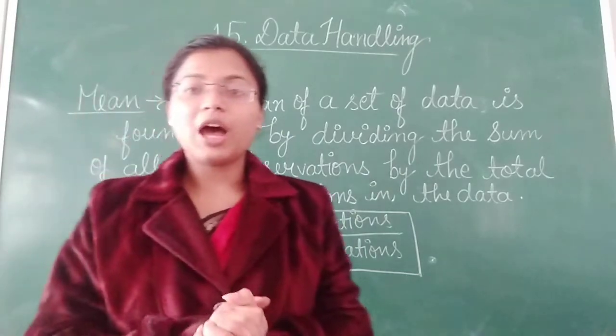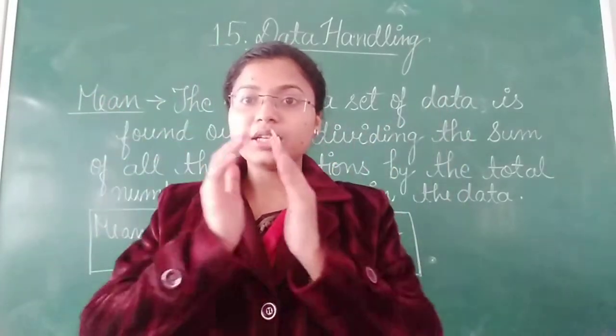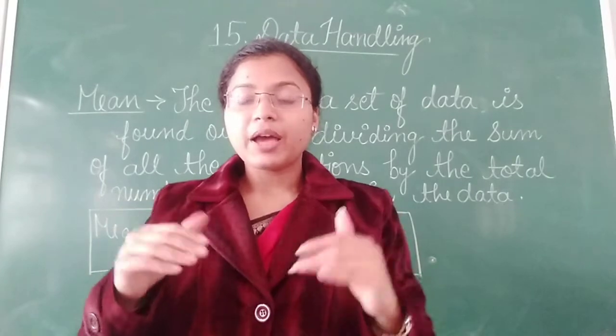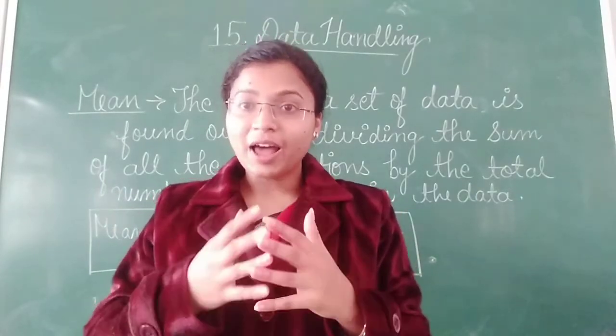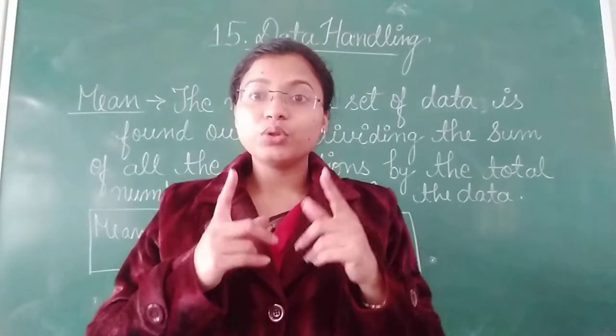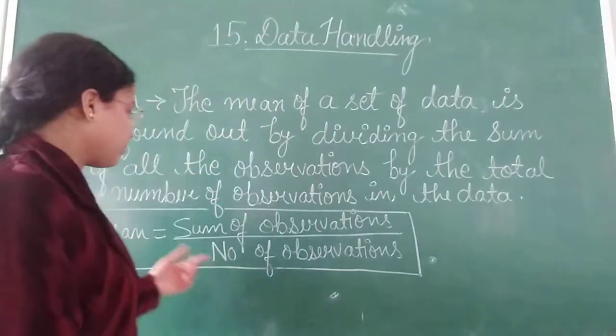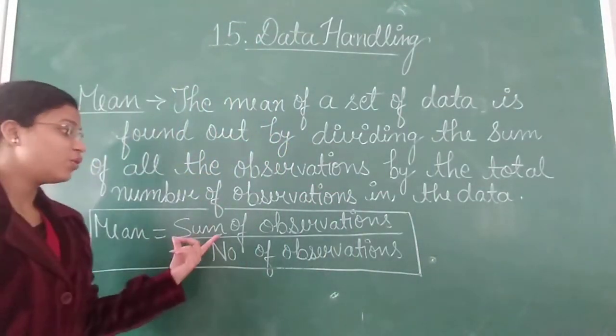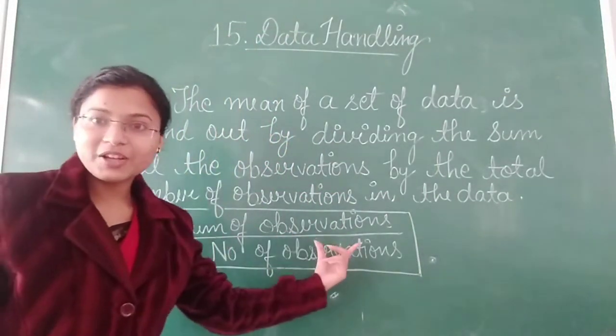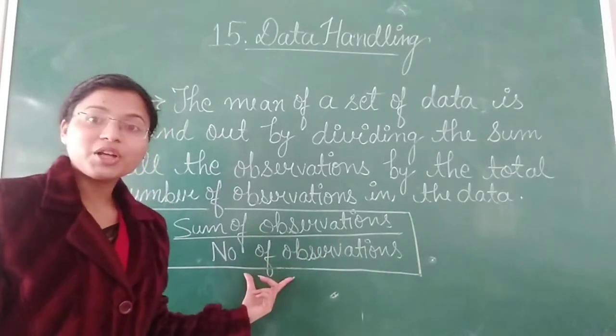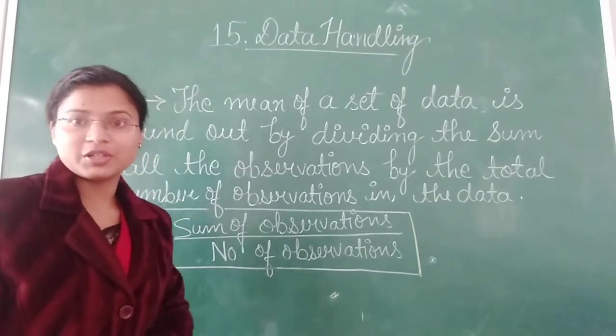First you have to add all the numbers and divide by the total number you have, and that will give you the mean value. Mean is equal to the sum of observations upon the total number of observations.